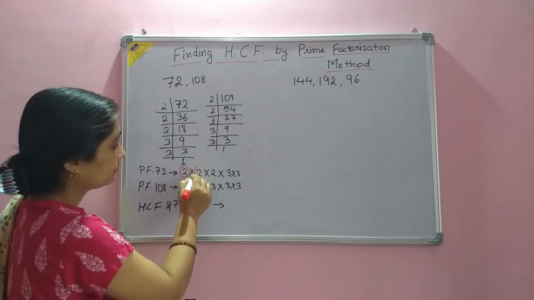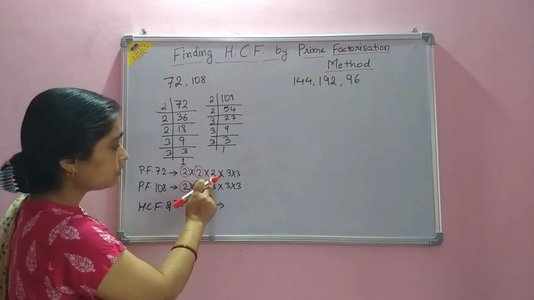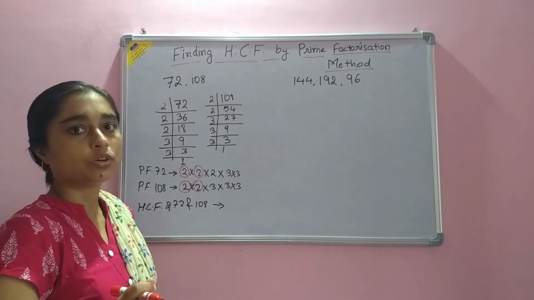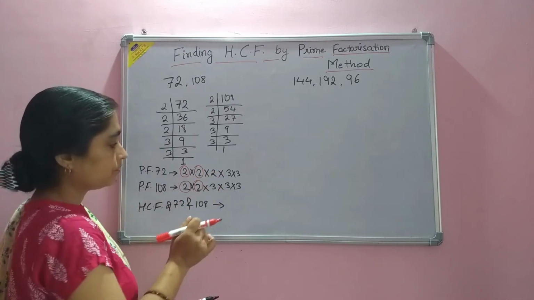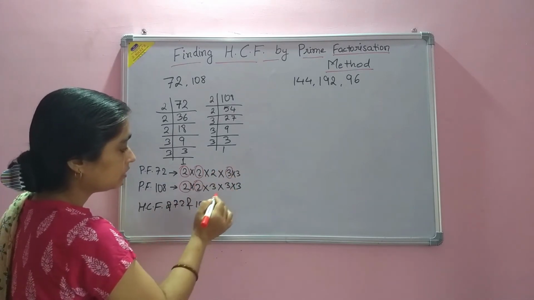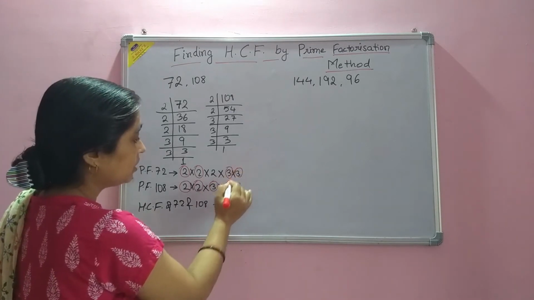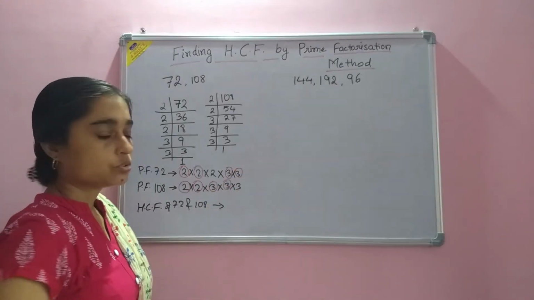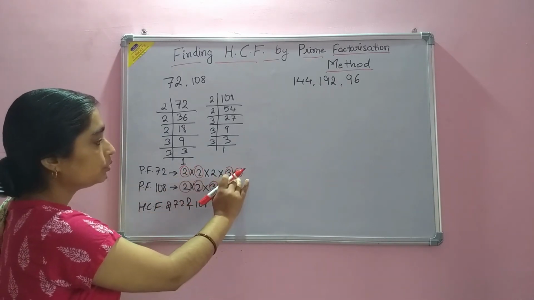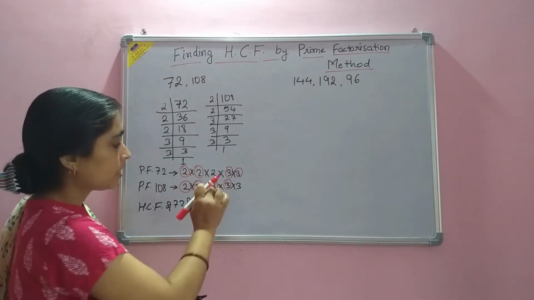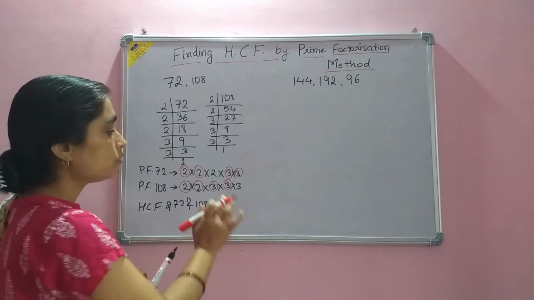Then one more 2, then see it has a third 2 but 108 has no third 2, so we will not choose this 2. Now 3 and again 3. So both of these numbers have two 2s and two 3s in common, and one 2 and one 3 is not common, so we will leave it.